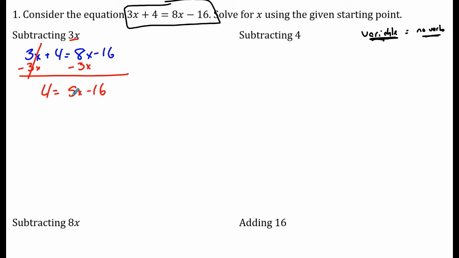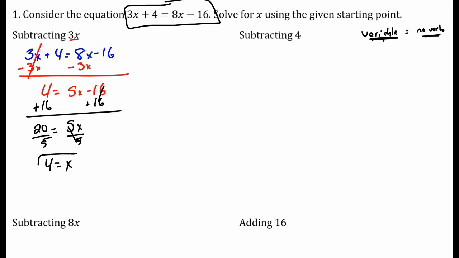It's being multiplied by 5 and then subtracting 16, so let's get rid of the 16. That way, everyone without a variable is on the left-hand side of the equation, and my variable is more isolated on that side. Well, I don't care about 5 times x, so I'm going to do the inverse of multiplication, which is division, and I get 4 equals x. That was one possible way to start solving this equation.